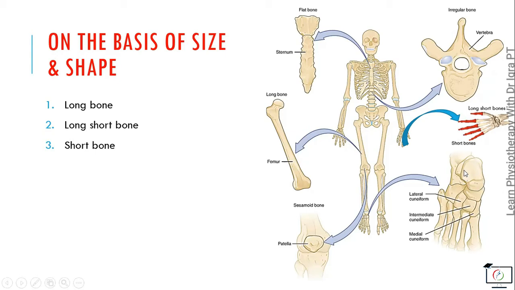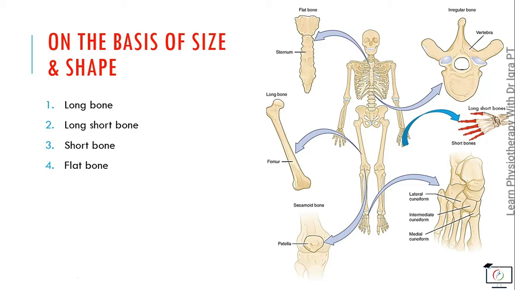Then the short bones. They are short in size but of various structures. Examples are the tarsals of the foot. Then the flat bones. Flat bones have a specific structure in which a spongy bone is sandwiched between two compact bones.